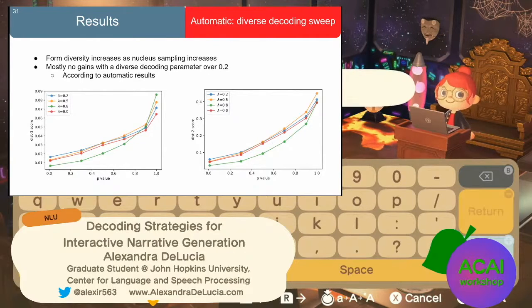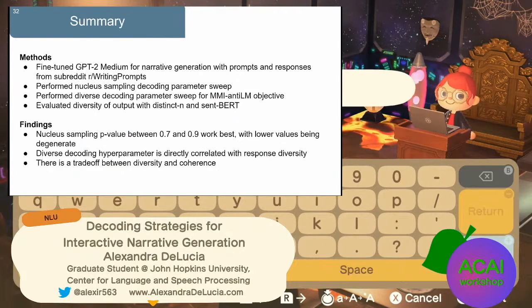So in summary, we fine-tuned GPT-2 Medium for narrative generation with prompts and responses from the subreddit r/writingprompts.